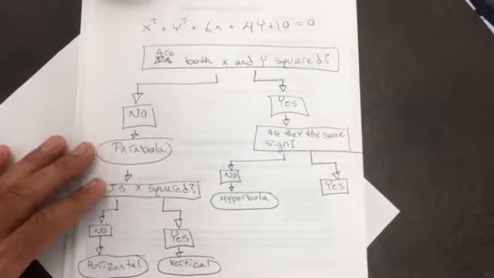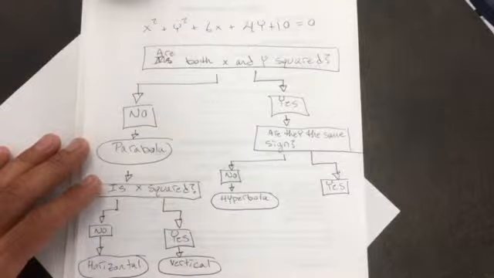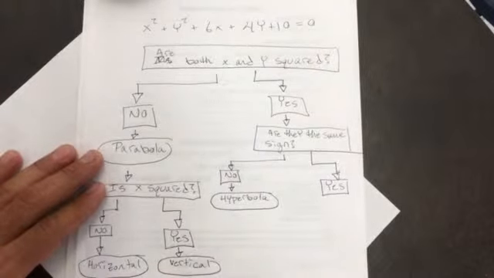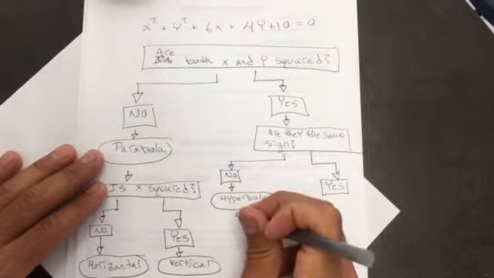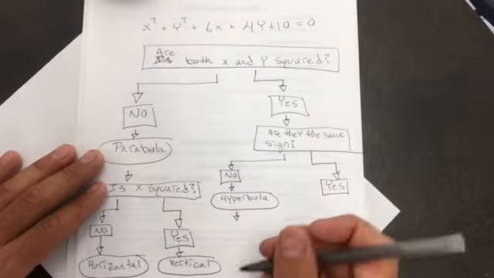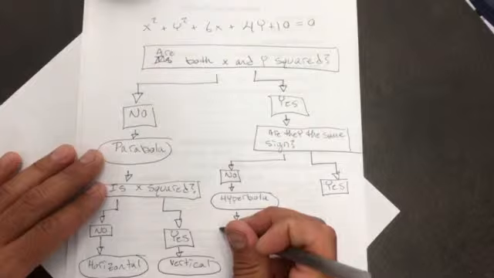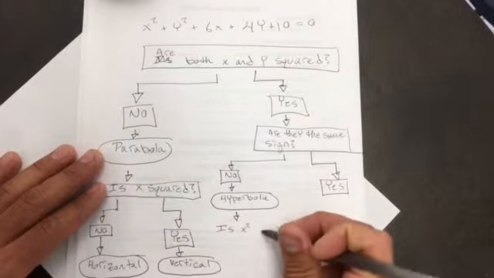This one's kind of tricky because we actually have to do completing the square to be 100% sure if it's horizontal or vertical, but we're gonna just make a general statement. It's not always 100% correct, but we're gonna make a general statement about this so that we don't have to go through the process of completing the square. And so we're gonna ask ourselves, is x squared positive?